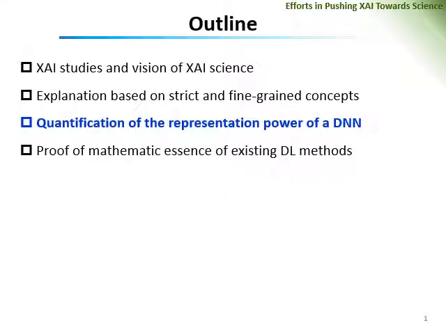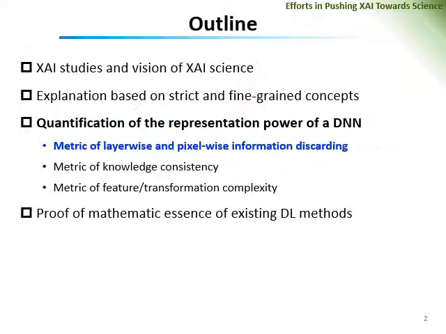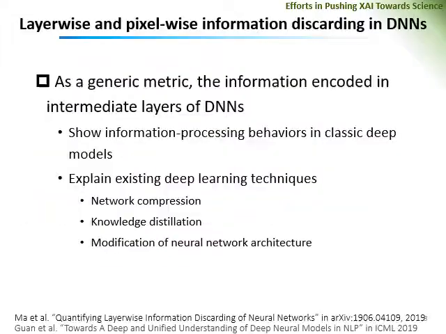Besides the semantic explanation of the knowledge encoded inside the neural network, some people want to quantify the representation power of the neural network. In our previous studies, we proposed different metrics to quantify the representation power of DNNs from different perspectives. The first perspective is to quantify the layer-wise and pixel-wise information discarding in DNNs.